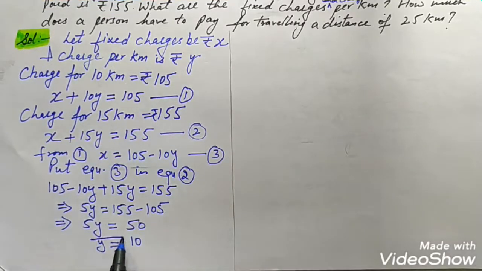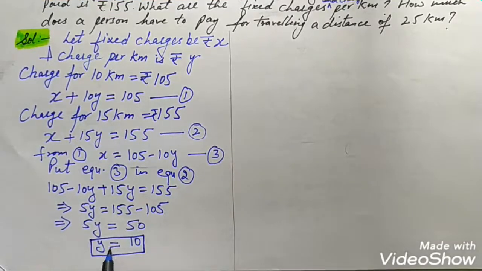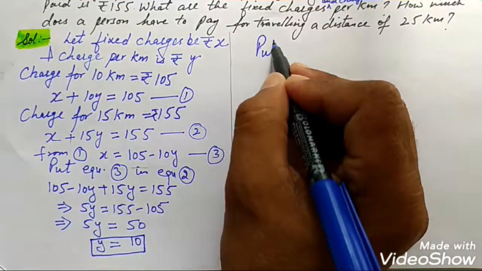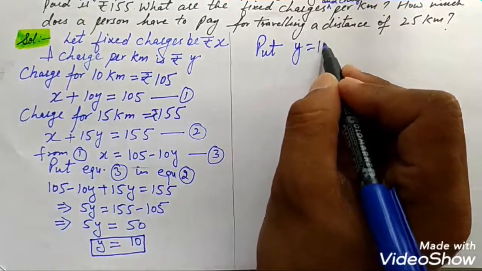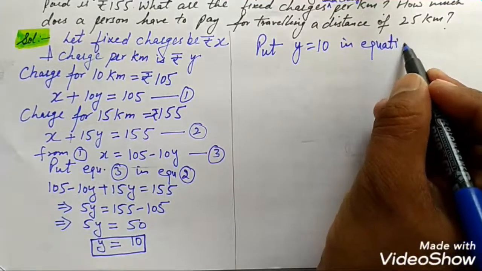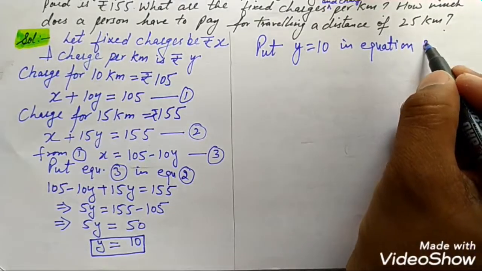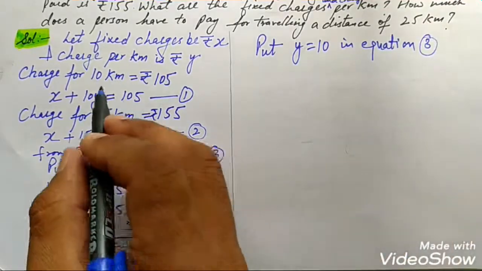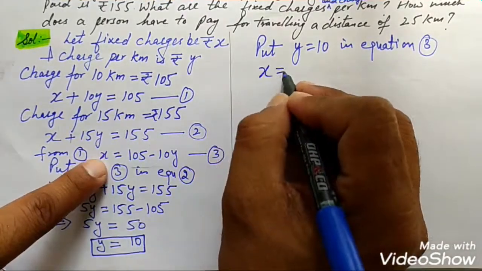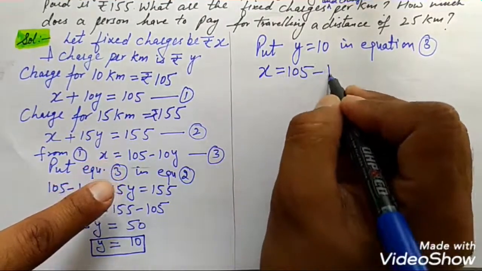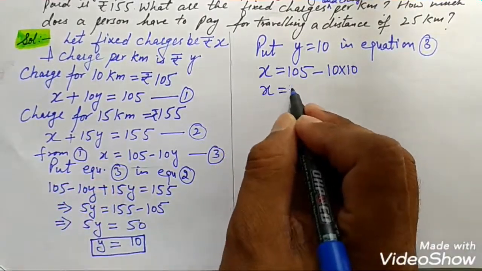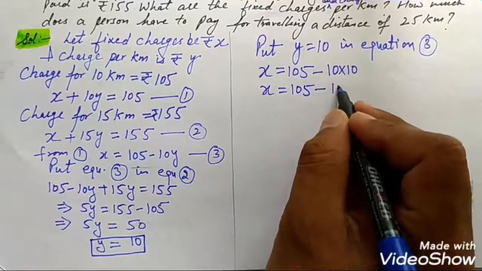Now we'll fill the value of y, 10, in equation 3. So y is 10, and x is equal to 105 minus 10 into 10. 10 times 10 is 100.